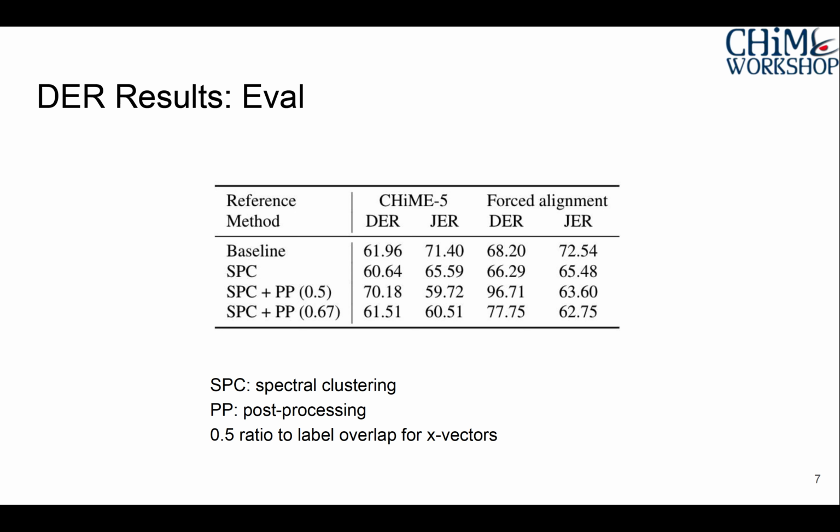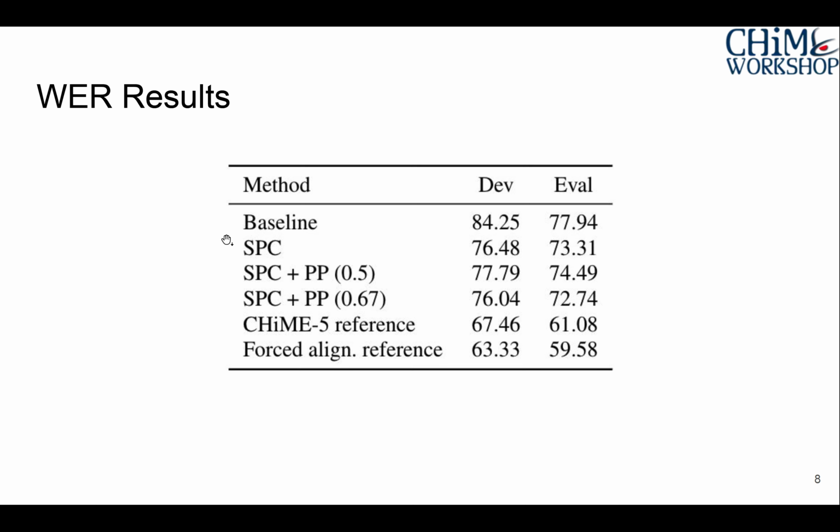But is it true for the speech recognition performance? We need to verify that. So here we apply the acoustic model and the language model to get the WER result. And we found that the spectral clustering with post-processing and the ratio set to 0.67 got the lowest WER for both the development set and the evaluation set.